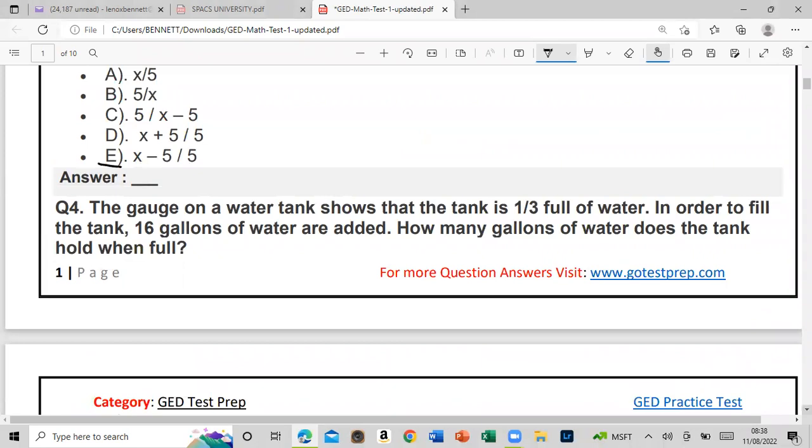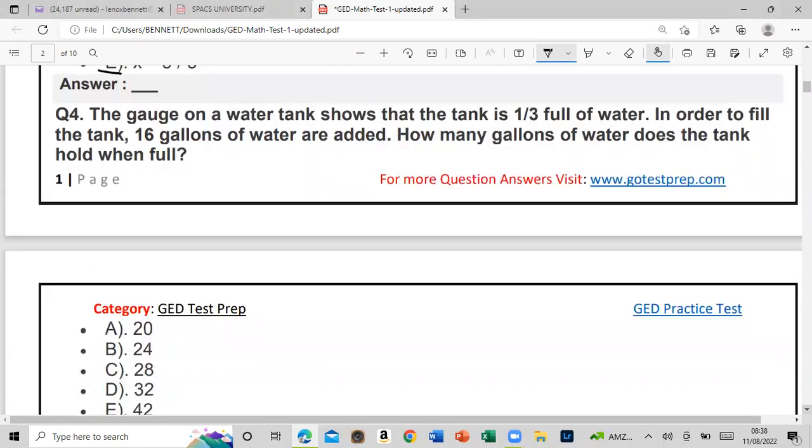The gauge on a tank shows that the tank is 1/3 full of water. In order to fill the tank, 16 gallons of water were added. How many gallons of water does the tank hold when full? Alright, so let us look at it.